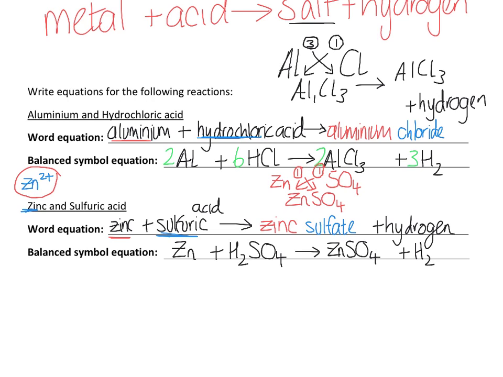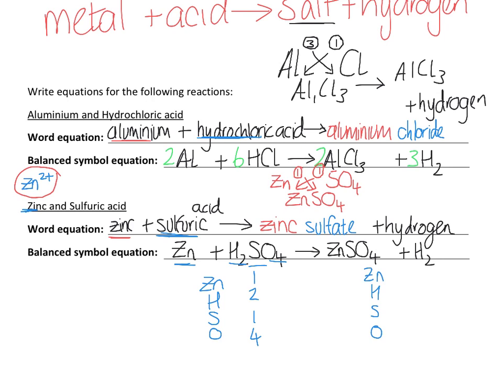Remember that it's diatomic. Okay, next step is make my list on the left hand side. So I've got zinc, I've got hydrogen, I've got sulfur, and I've got oxygen. So write that list on the right hand side: zinc, hydrogen, sulfur and oxygen. So count up how many I have on the left. I've got 1 zinc, 2 hydrogens, 1 sulfur, 4 oxygens.